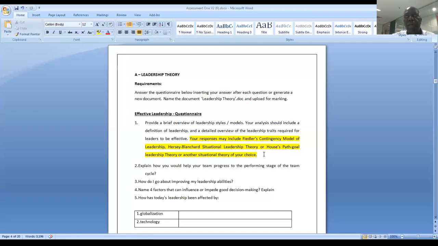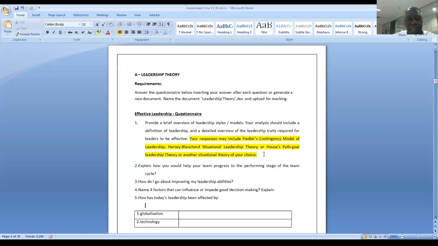You really have to answer this question by explaining what Fiedler's contingency theory model is, and what Hersey Blanchard situational leadership is. You can pick any. If you're not comfortable with this, feel free to research. There are so many other leadership styles that are available.